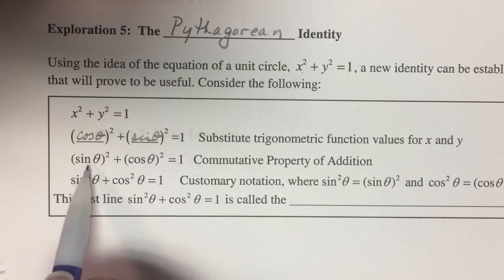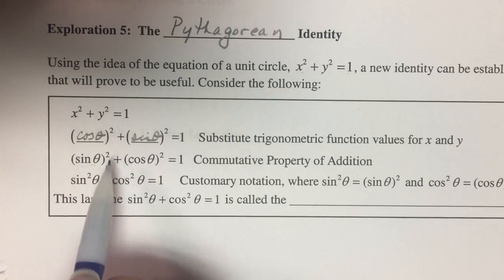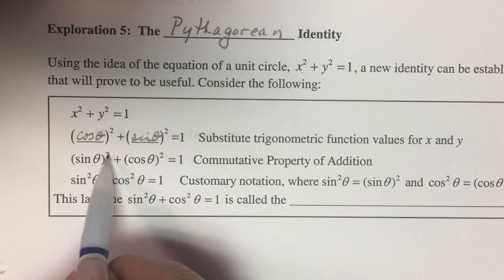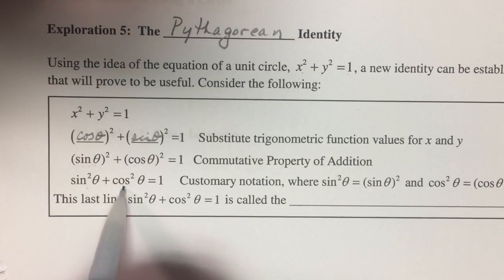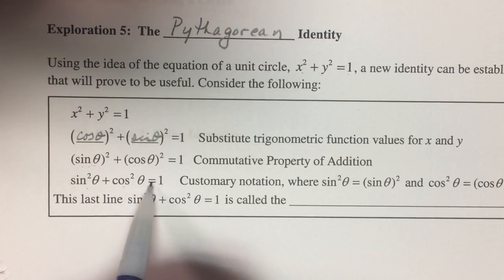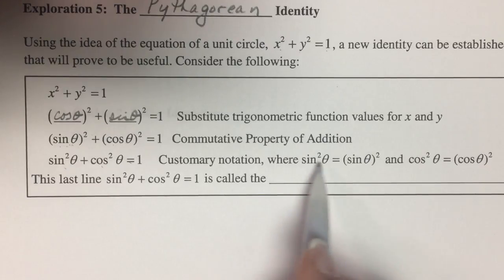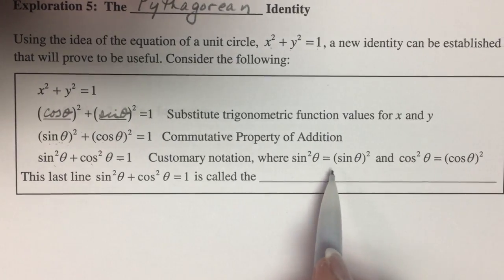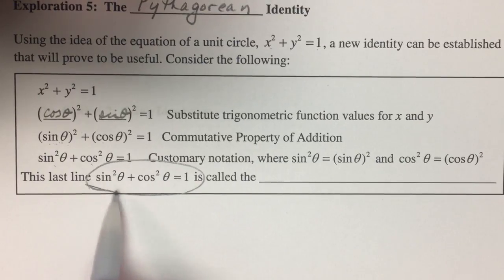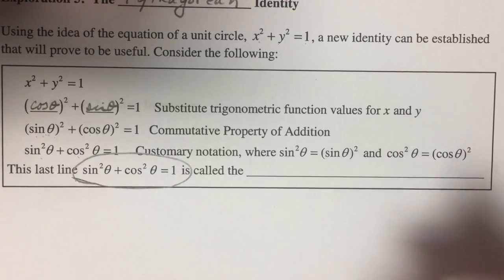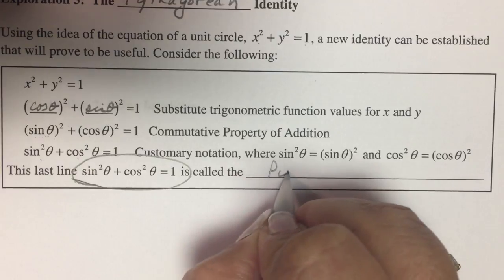So now, we don't write that as sine theta squared. When you square a trig function like that, it's actually written as sine squared theta plus cosine squared theta is equal to 1. So that's what it's talking about right here, how to write that. So the last line, the sine squared theta plus cosine squared theta equals 1, that is called the Pythagorean identity.